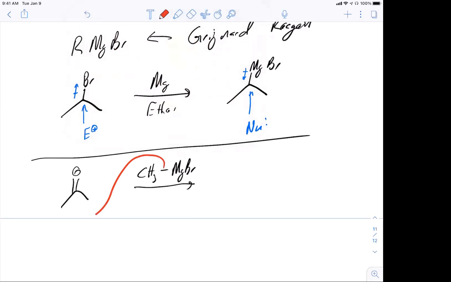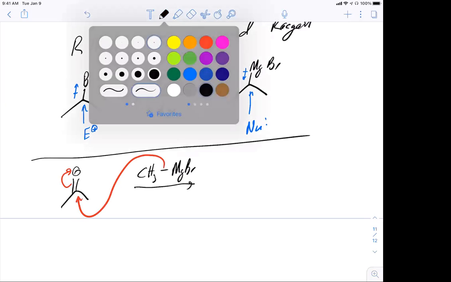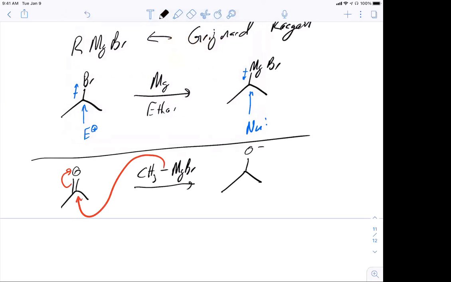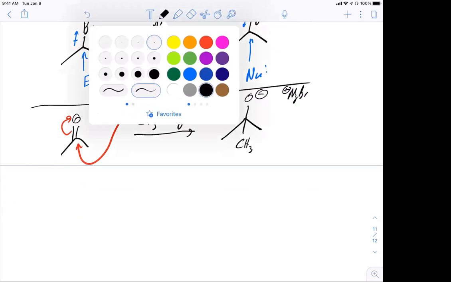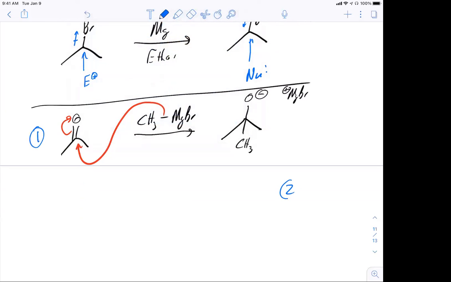So the nucleophilic carbon attacks the electrophilic position. That forms the oxygen negative. And then I have my salt, all right, usually not shown, but we'll show it here. So first we get the nucleophilic attack. So that's step one, or reaction one. Reaction two is then adding the proton source.